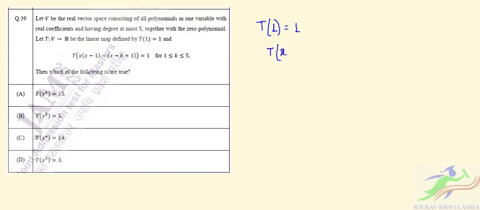So we will start with this T of x(x minus 1) up to (x minus k plus 1) will be equal to 1.